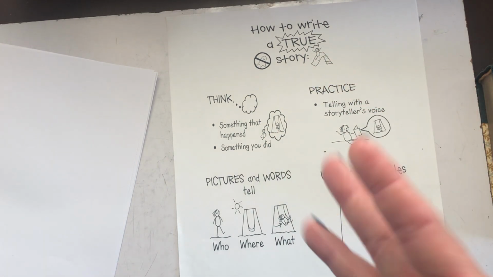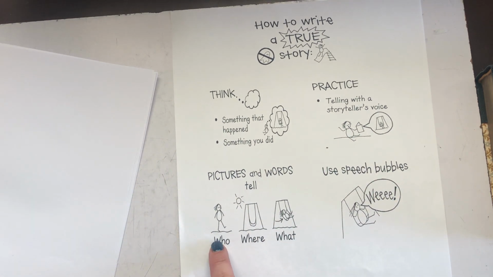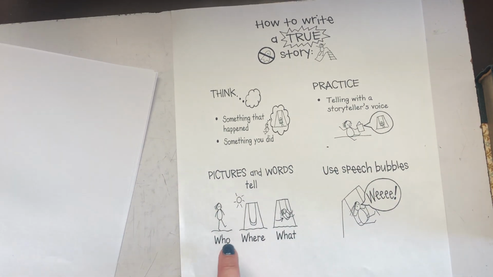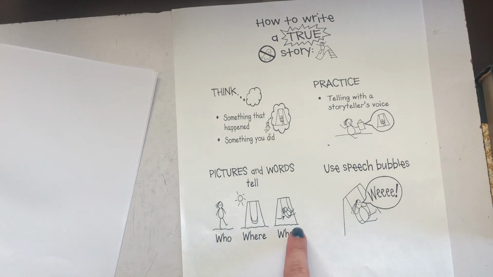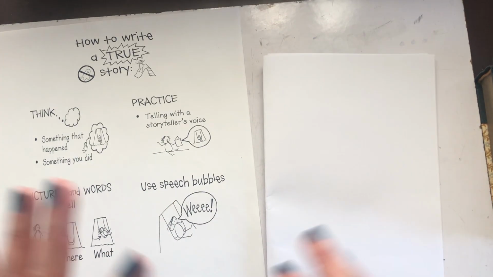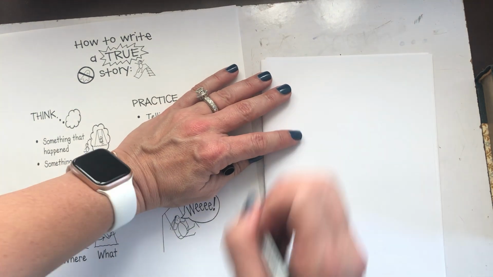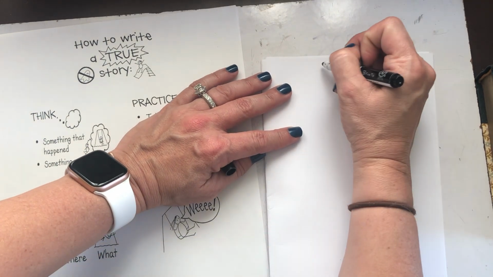So there's a lot of other things that happen in between, but you see how I practiced and I thought about who was in the story and where I was when I was telling it and what happened. Okay, so I'm going to go ahead and start with this today, and I'm going to write the title. I already know I want it to be the big surprise. Or what if I say the early surprise, because it was early.